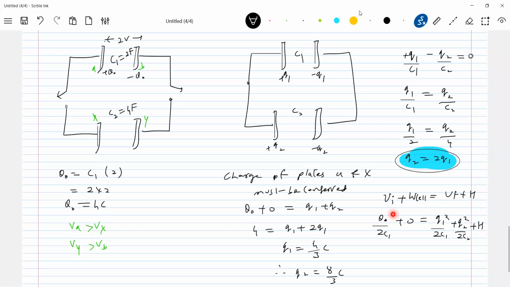Solve this, and there will be heat generated. Why must that heat be generated? Because I'm just taking the help of the initial energy in the circuit. Because of redistribution, heat will be generated.